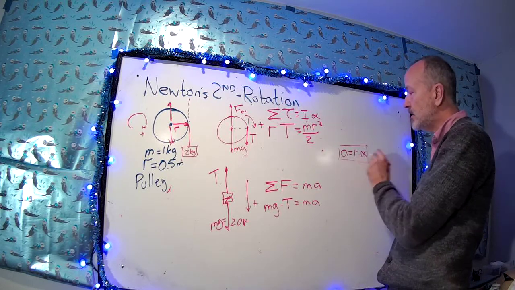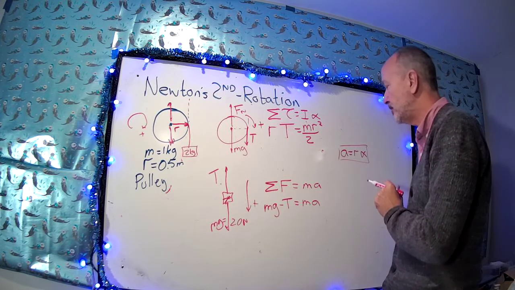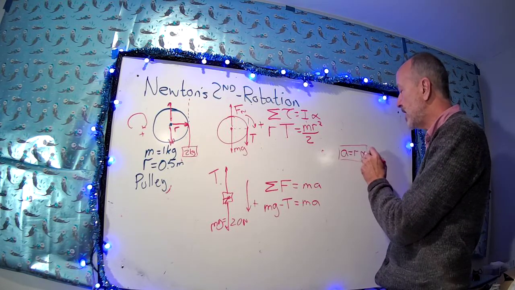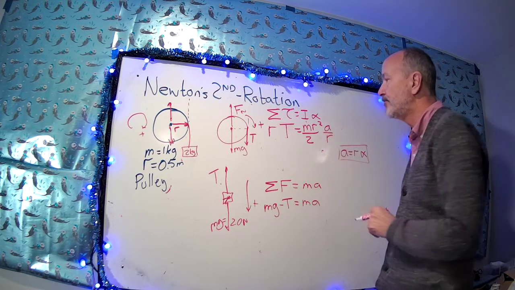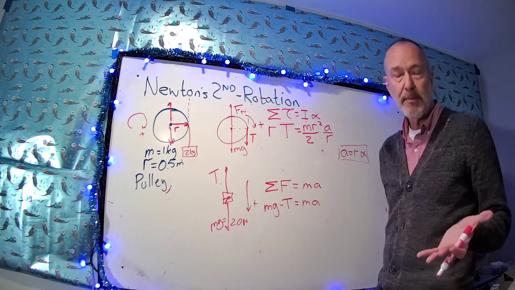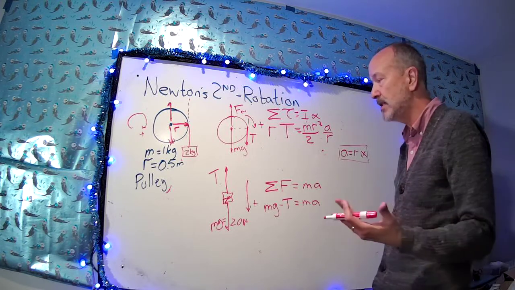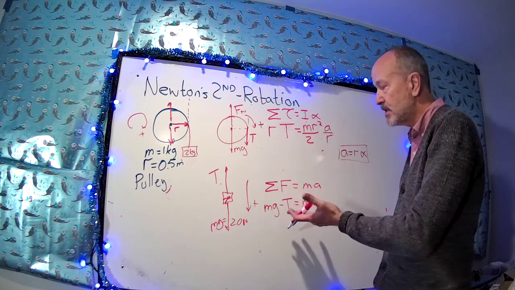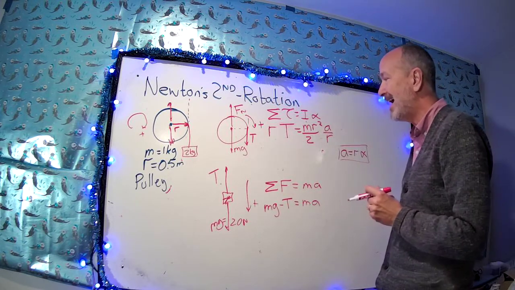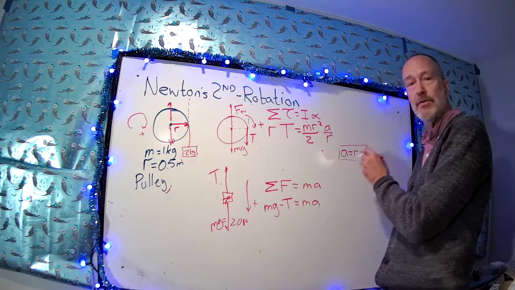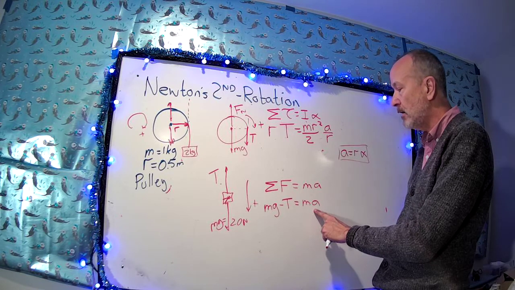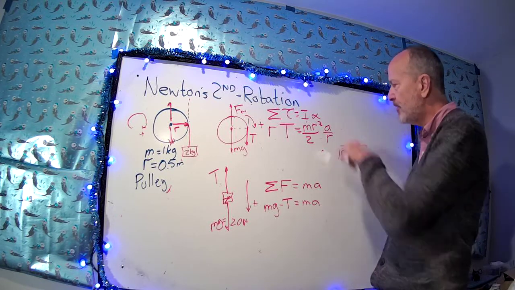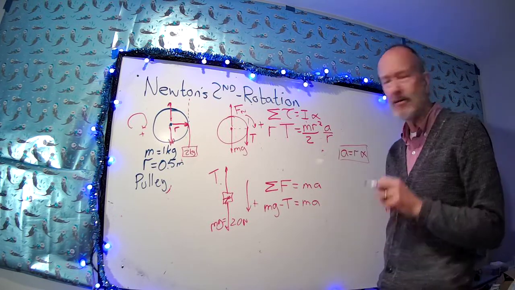And remember, this is a really key substitution. So what I'm going to do is say alpha is a over R. Every time you've got a multiple body problem with rotation, and you've got some stuff moving linearly, some stuff moving rotationally, you're going to want to use that substitution. Now I could have made this R alpha and solved for alpha, but for some reason I like to do this, and that reason is this.